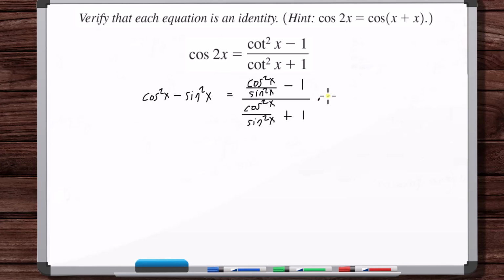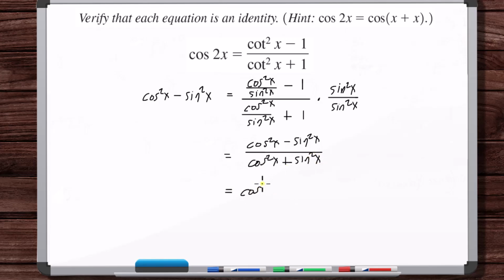Now let's multiply this right side by sine squared x over sine squared x. And so what we get is cosine squared x minus sine squared x over cosine squared x plus sine squared x. But the denominator we know is 1. Cosine squared plus sine squared is 1. And there you go.